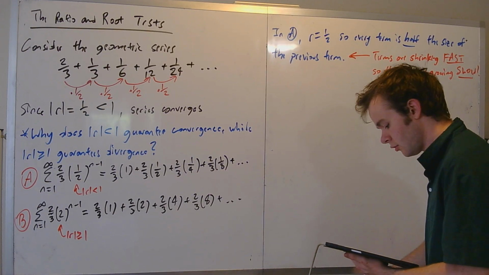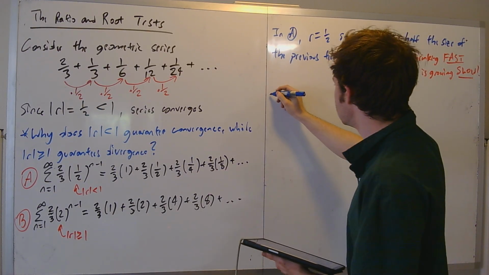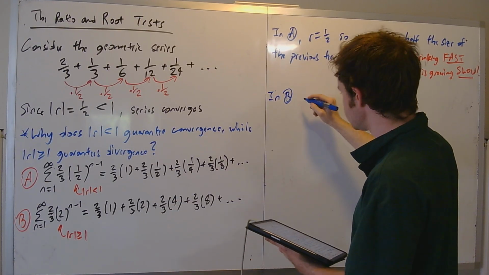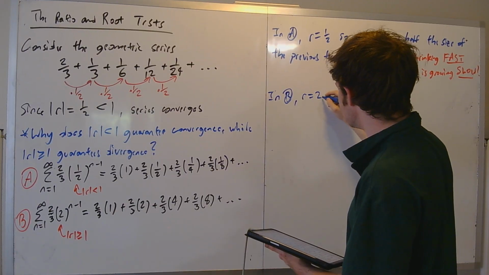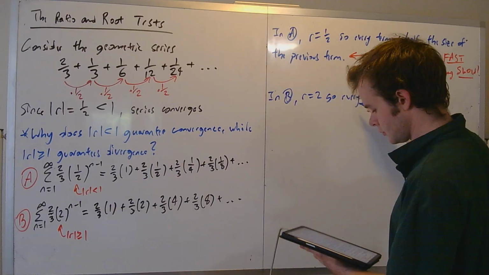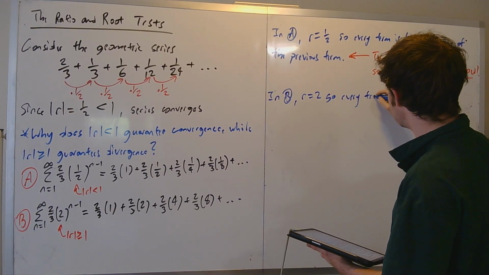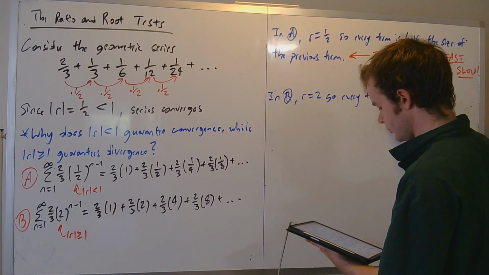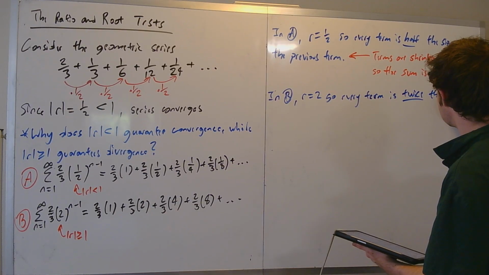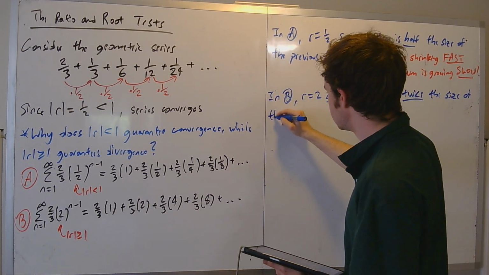But let's again look at case B. In B, R equals 2, so every term is twice the size of the previous term.